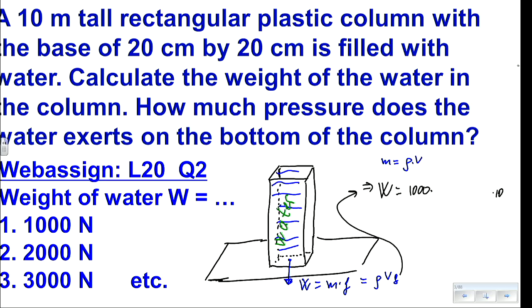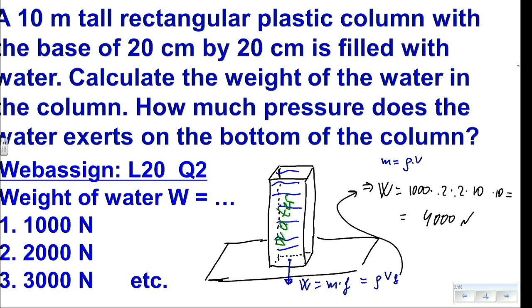How do we calculate the volume? Well, in this situation, the base is square, so not circular. So it's length times width times height. And we have to be consistent in units. 0.2 times 10 is 2, 0.2 times 10 is 2, 2 times 2 is 4, 4 times 1,000, 4,000.